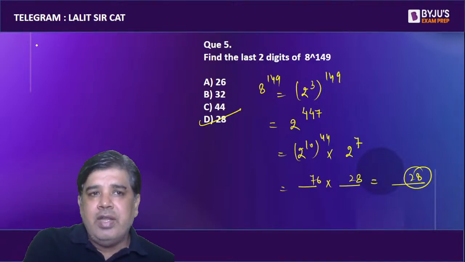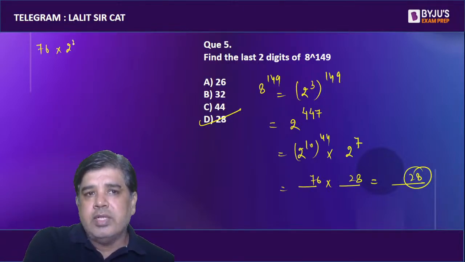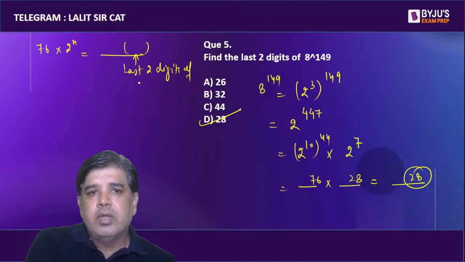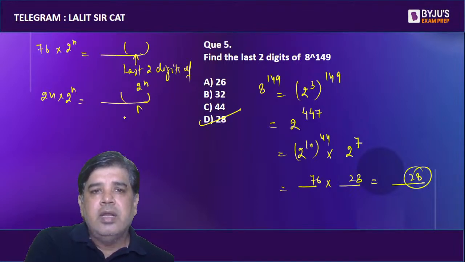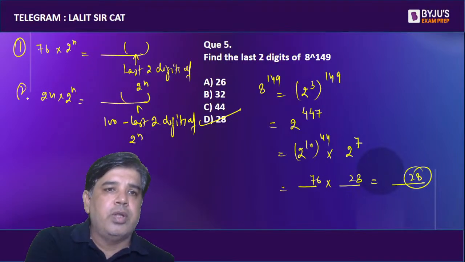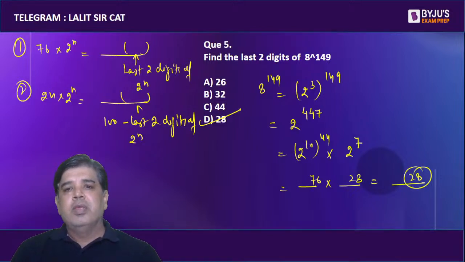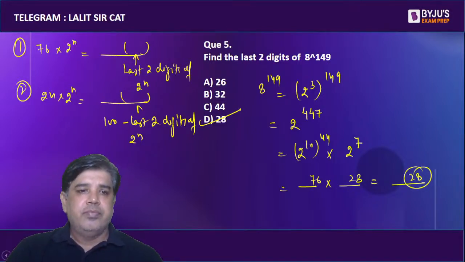So if we have 76 into 2 raised to power n, last two digits are last two digits of 2 raised to power n. 24 into 2 raised to power n, last two digits are 100 minus last two digits of 2 raised to power n. So these are two most important rules, right? So answer is 28.